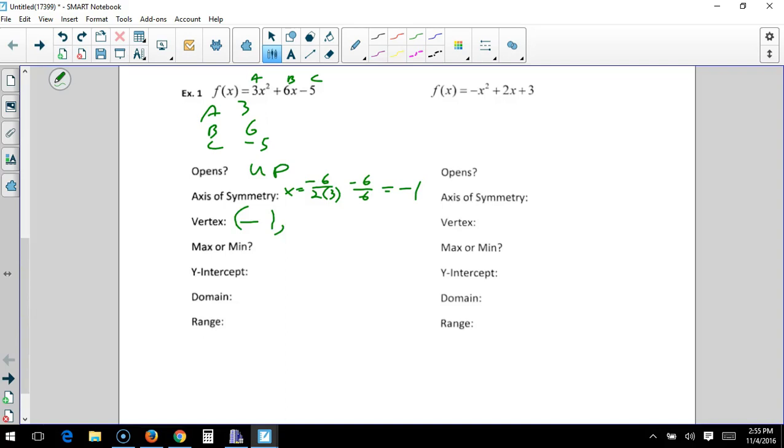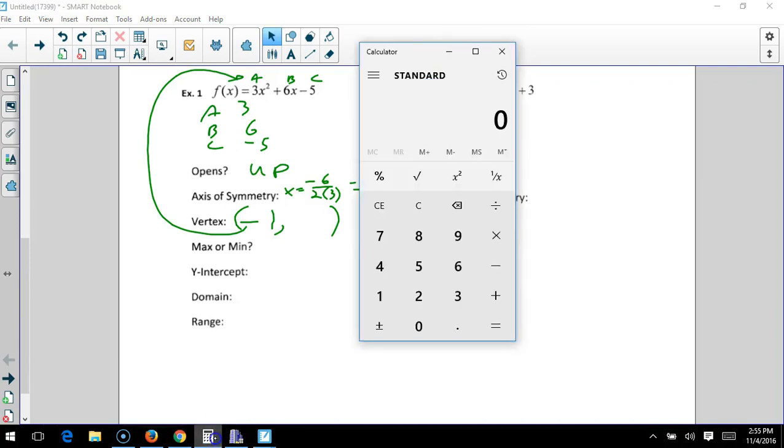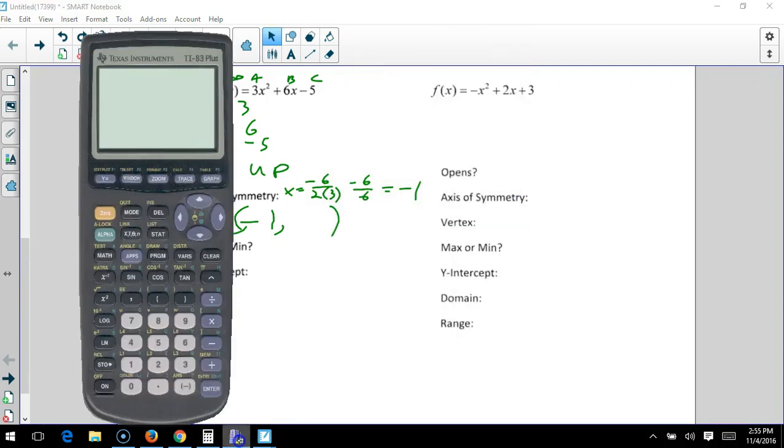How do we find the minimum, the y? We plug this negative 1 in right here. Now, the nice thing is, if you're using your graphing calculator, watch. Not a regular calculator, a graphing calculator.